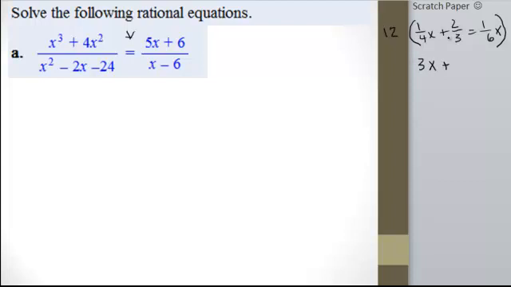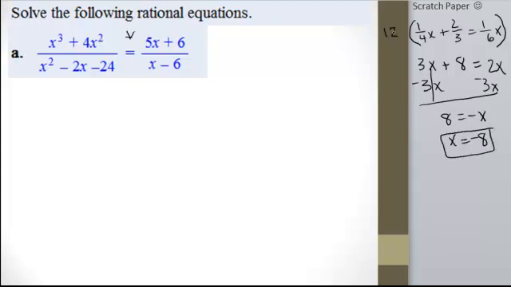Then you multiply 12 times 2/3. Well, 3 will go into 12 4 times, and 4 times 2 is 8. Then you would multiply 12 times 1/6 x, and 6 will go into 12 2 times, so you'd have 2x. And from there you can solve it like normal. So x is equal to -8.